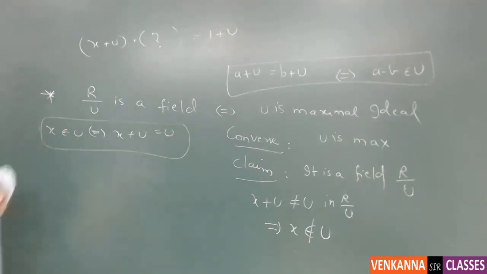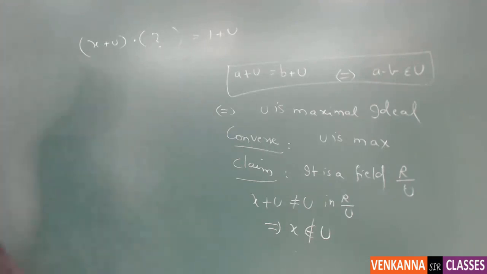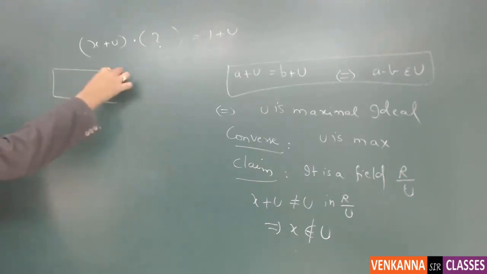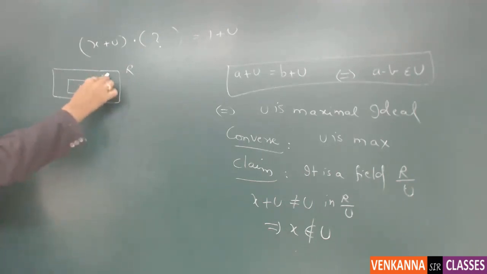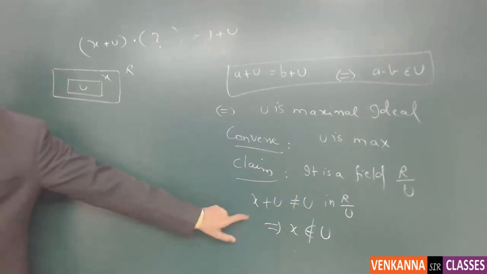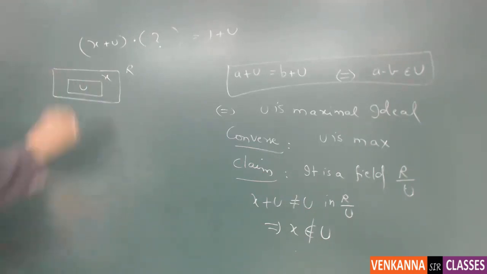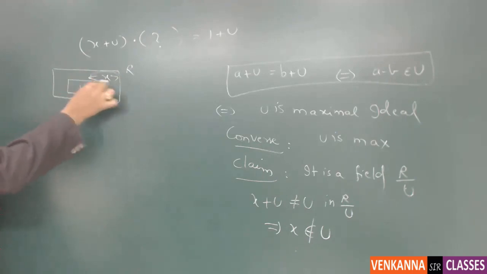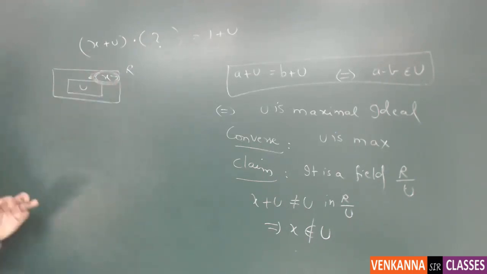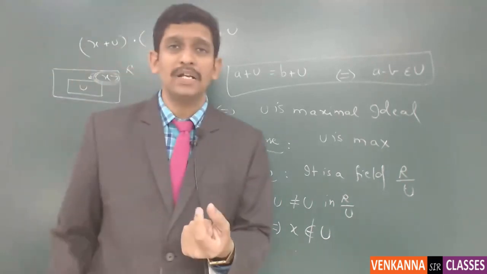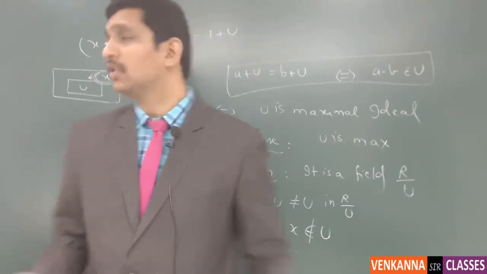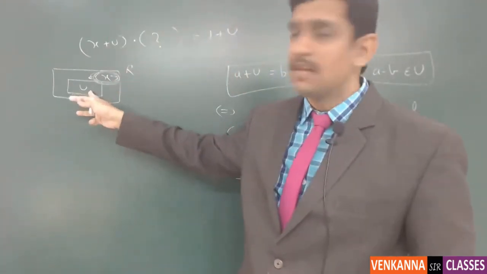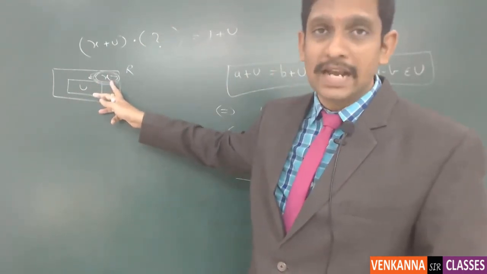So you can have a small visualization like this. This is the ring R, this is U, and X is outside of U. Now you consider the multiples of X. Whenever you take an element, if you consider its multiples, it is nothing but an ideal. So U is an ideal, multiples of X is an ideal.